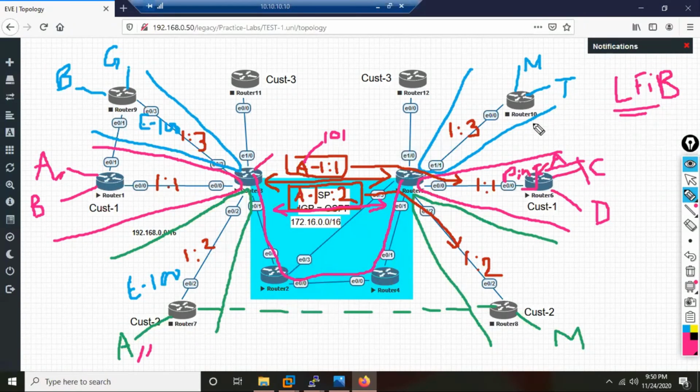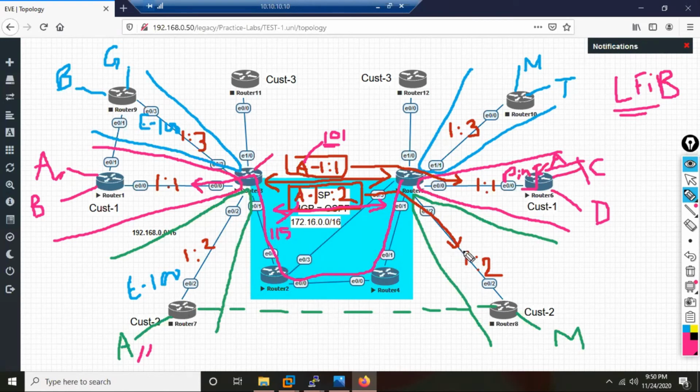Because of this, now the traffic is labeled. When the label 101 comes on R5 from R3, when a ping comes, R3 says okay, which label is this? 101. Since it is 101, that means I have to forward this packet to Customer A. Suppose for this network A of customer 2, it has decided on a label number, let's say 115.